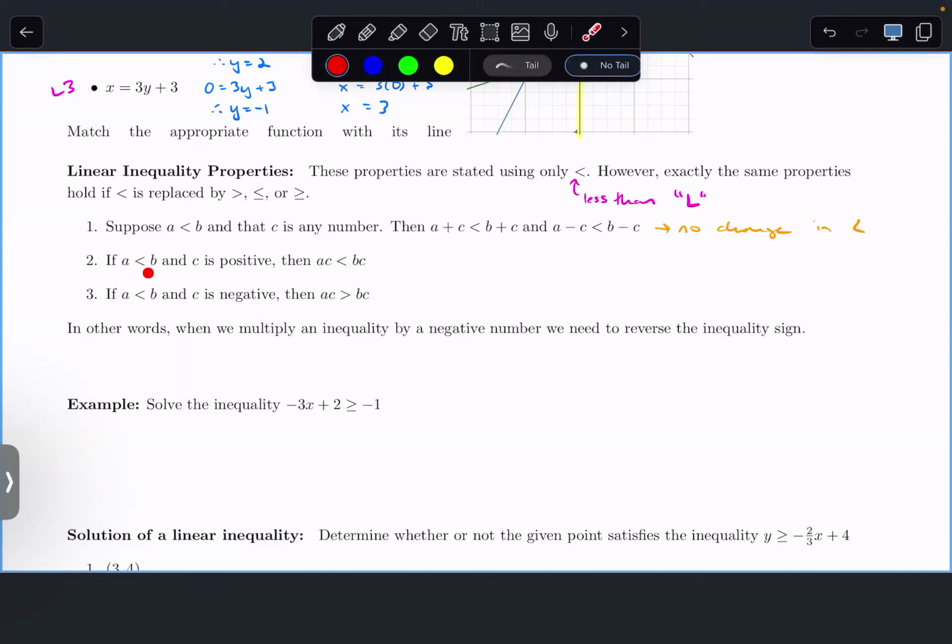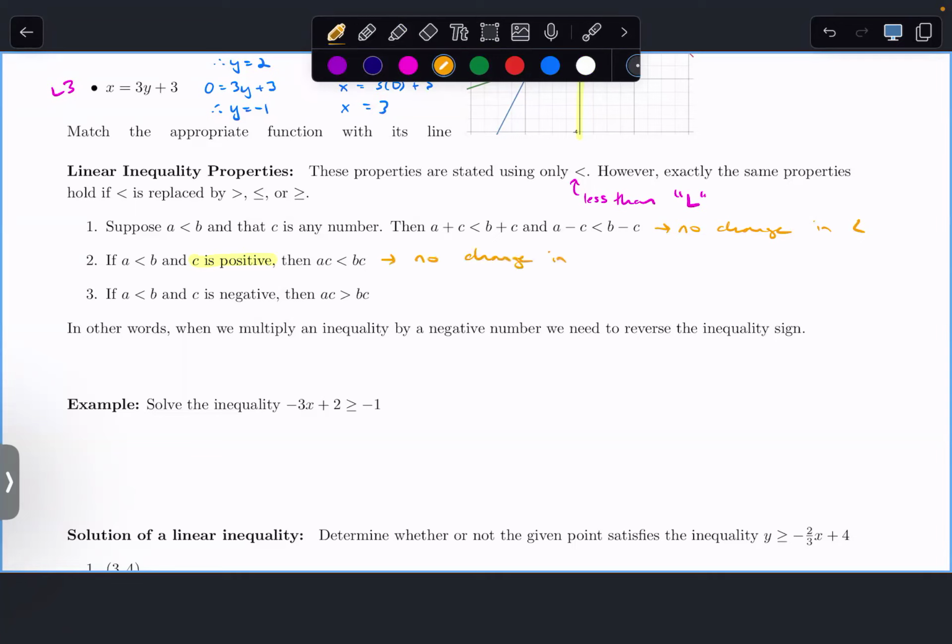If A is less than B and C is positive, then if I multiply each side of the inequality by C, there's no change in the inequality.